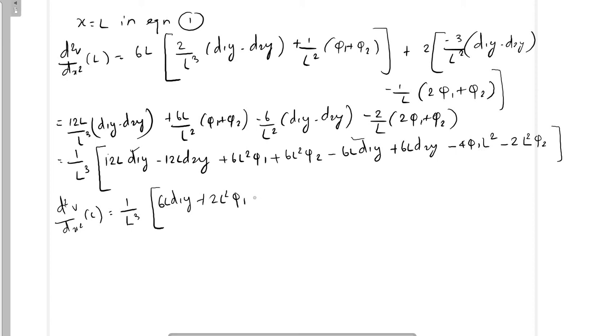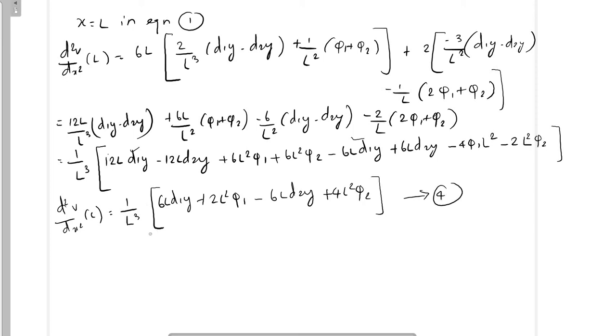Next term d2y: minus 12L d2y, here it is plus 6L d2y, so minus 6L d2y. Next pi 2 term: 6L square pi 2 minus 2L square pi 2, so it is plus 4L square pi 2. So you keep this as equation number 4.